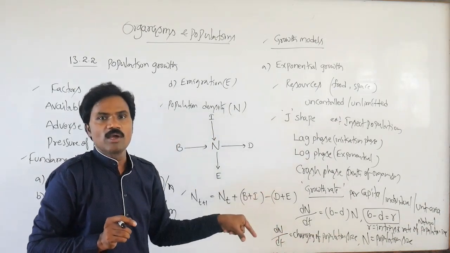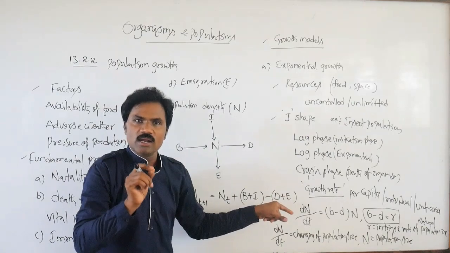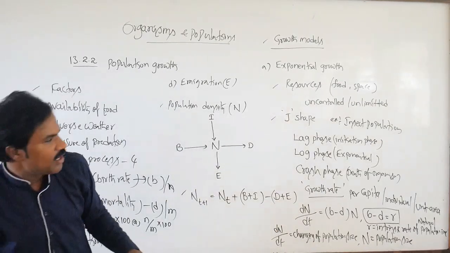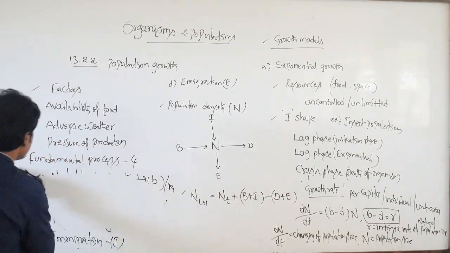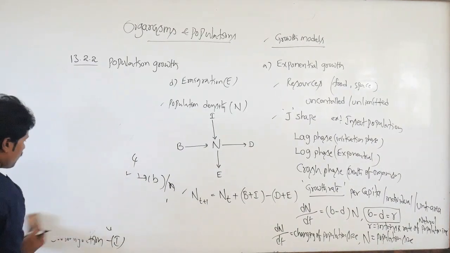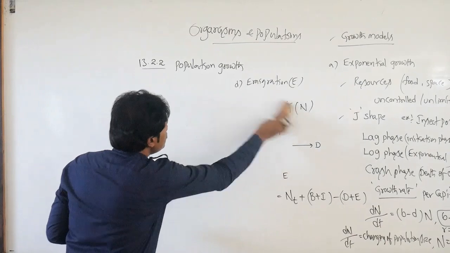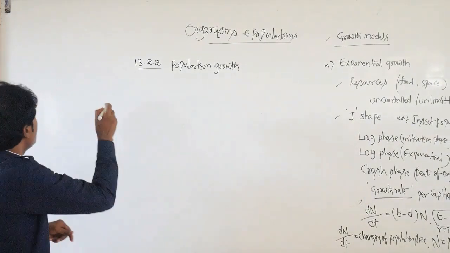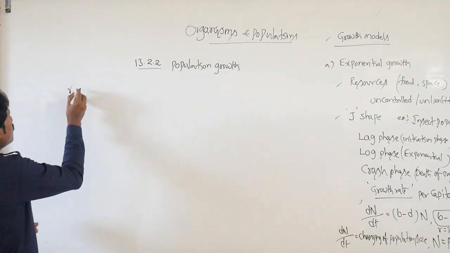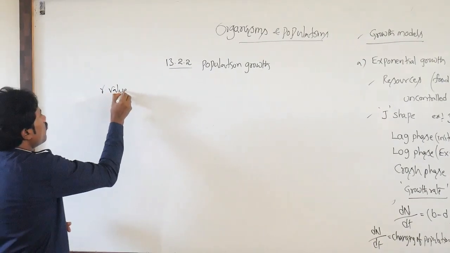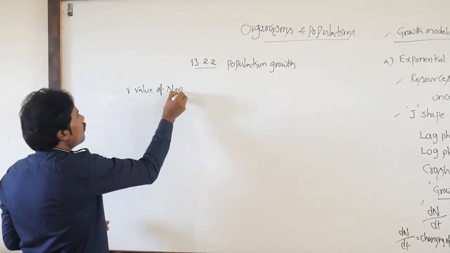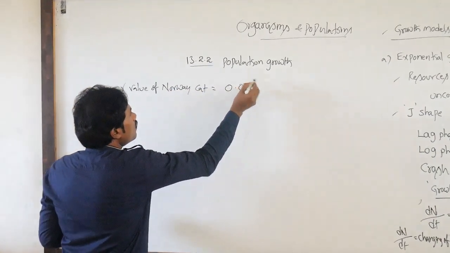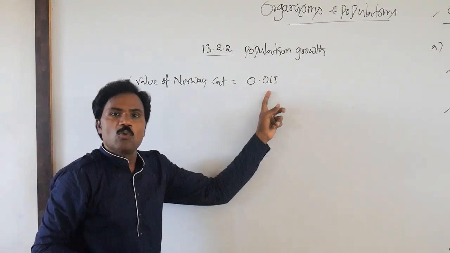Based on this r value, if you know the birth rate as well as the death rate, what is the r value related to the Norway rat? The r value of the Norway rat is equal to 0.015.